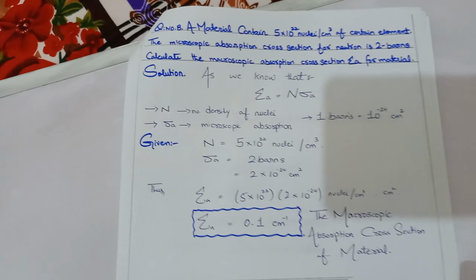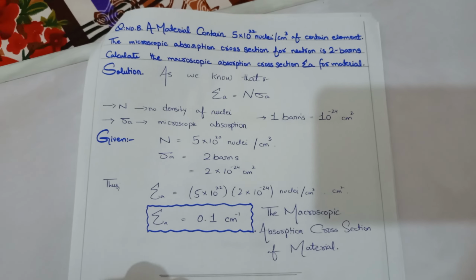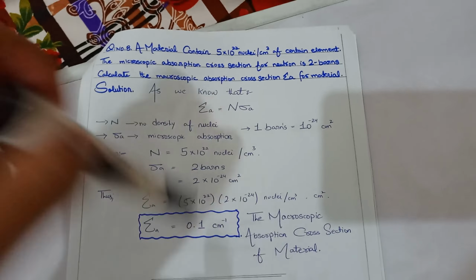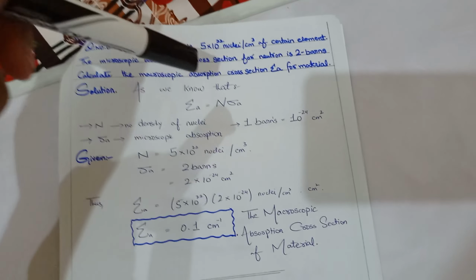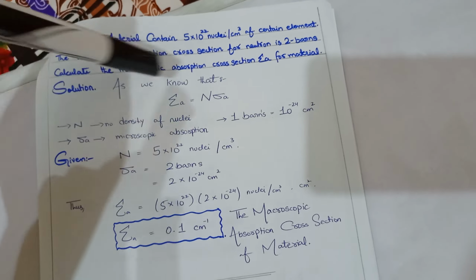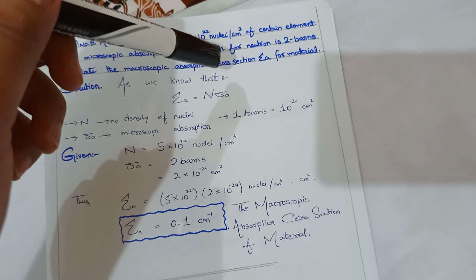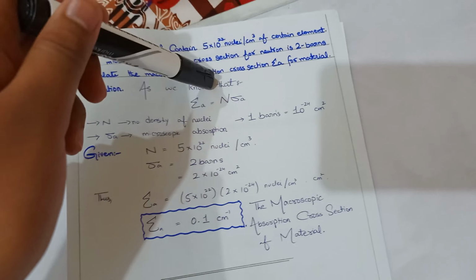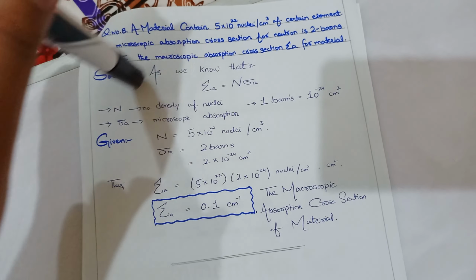As we already know, the expression to find the macroscopic absorption coefficient is Sigma equals n sigma, where n is the number density of the nuclei and sigma is the microscopic absorption cross section. You just have to multiply your microscopic absorption cross section with your number density, and you will get your macroscopic absorption coefficient.